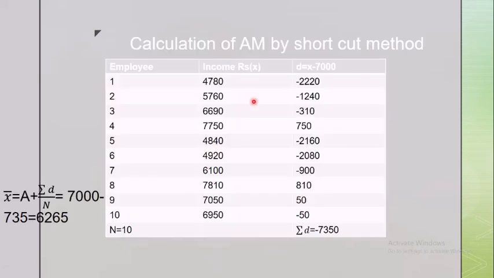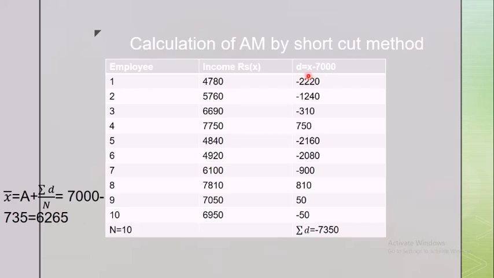I'm going to do the same problem using the shortcut method. I have constructed a table over here. The income is given, and the deviations, that is d is equal to x minus, in this case, the assumed mean of 7000.